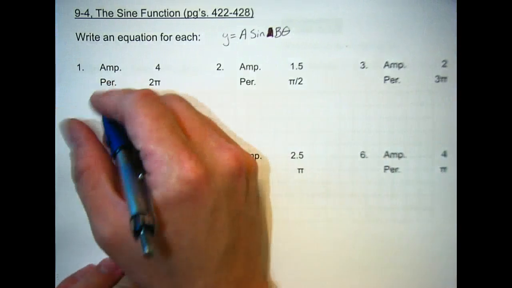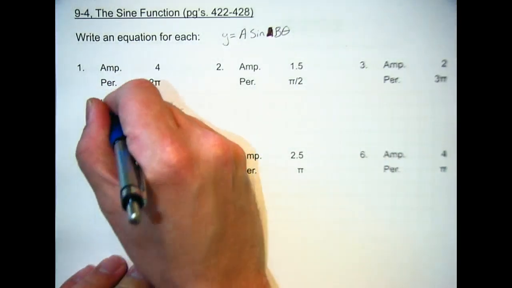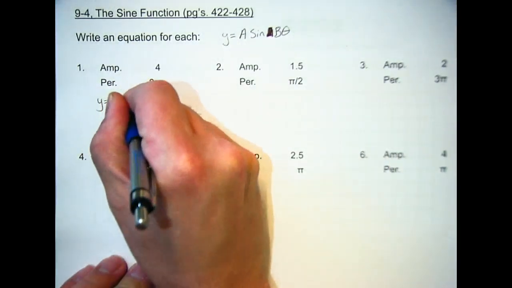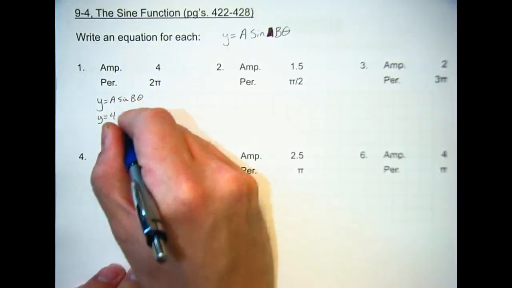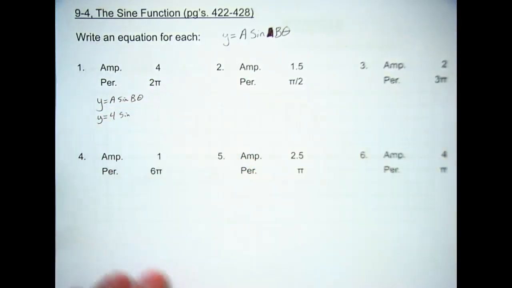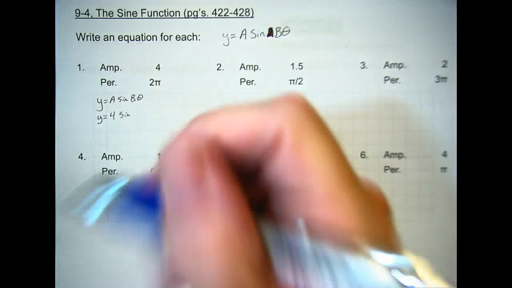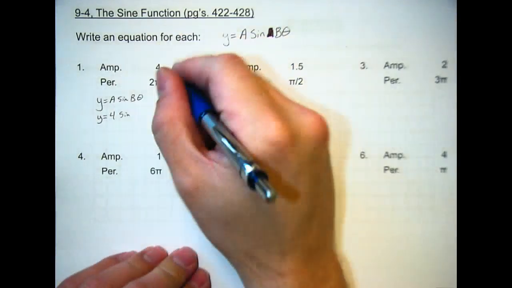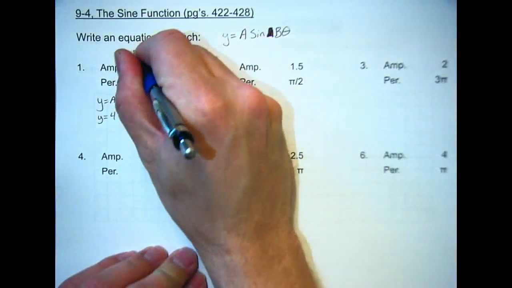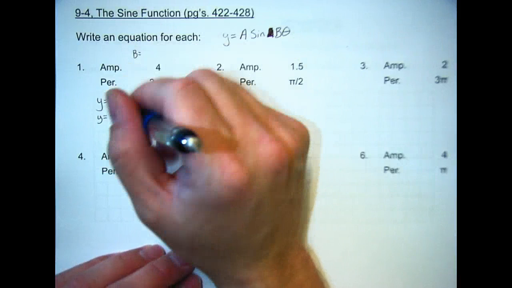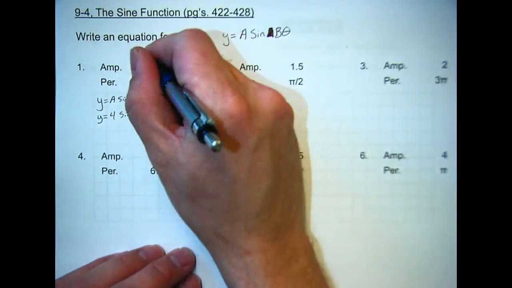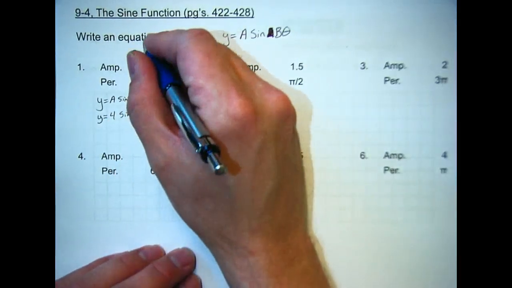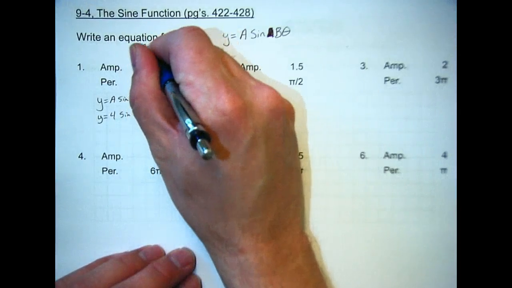Okay, here we go. Number 1, y equals, if we go a sine b theta, what's a? 4. What's b? 1. This is where we need to use that formula we came up with. B is the number of cycles from 0 to 2 pi, right? So to find b, we divide 2 pi by p.